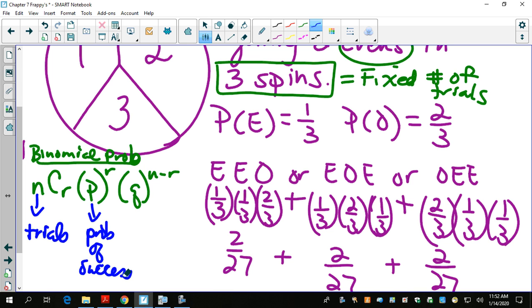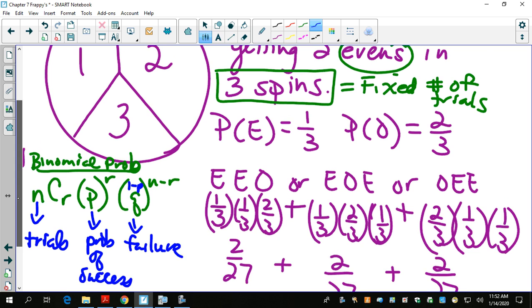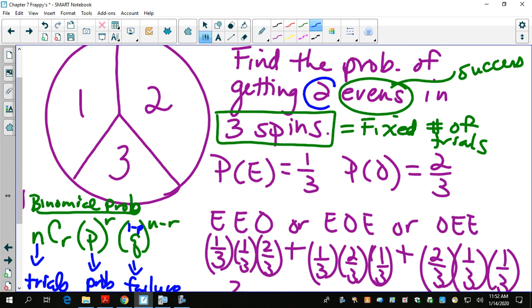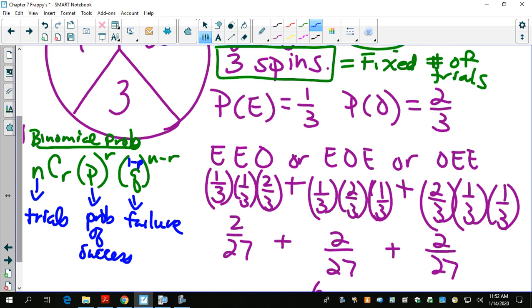And then q is the complement of p: 1 minus p is q, and that would be failure. Now the r here is how many successes you want. You wanted 2 evens, so 2 is the number of successes. r is the number of successes, and here r is 2.